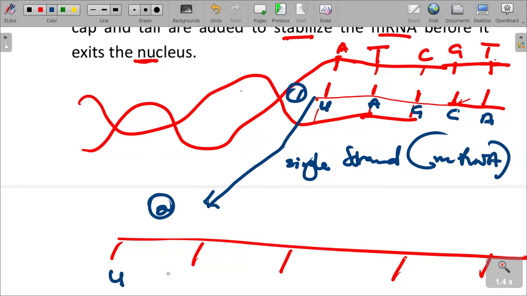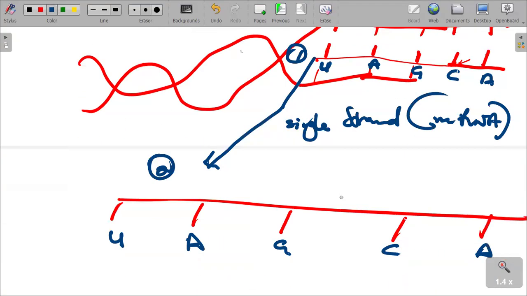So we have our U, our A, our G, our C, our A. These bases are just the bases coming from the single strand that was formed there. So we have our mRNA strand that is formed.